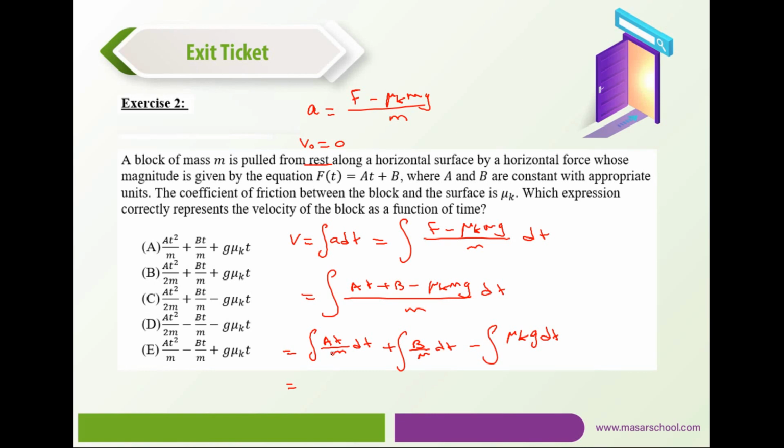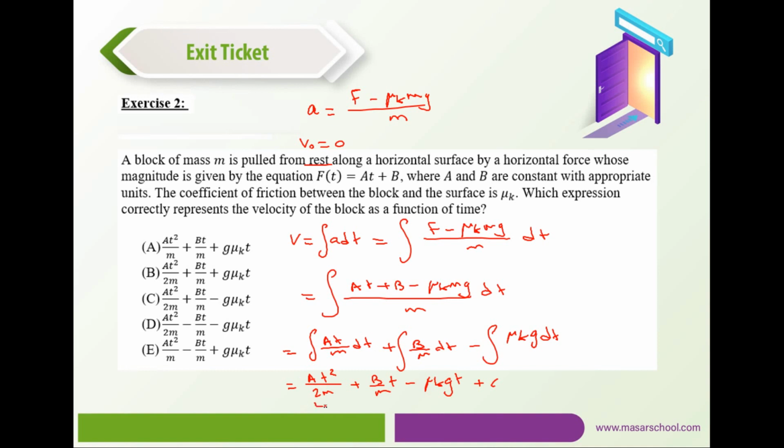Now A over m is constant, t is linear, that would give us a quadratic, At squared over 2m, plus B over m, this is a constant, so we're left with t, minus mu k g t. For the final step, we can add the constant of integration plus c.